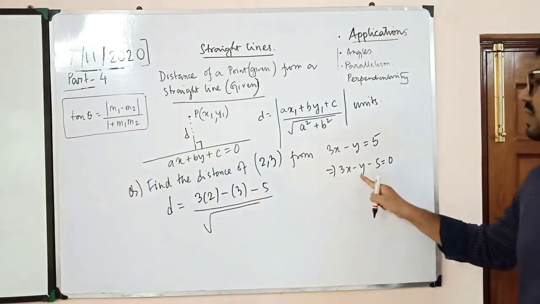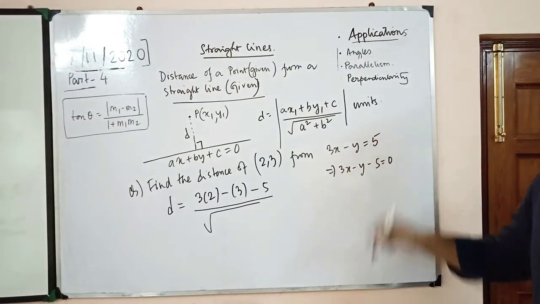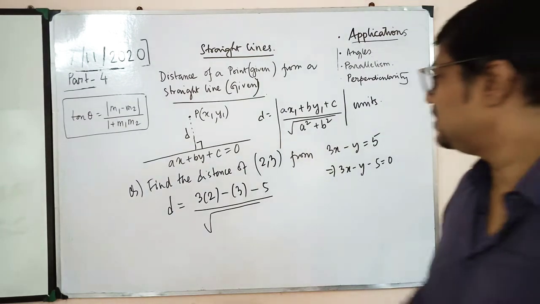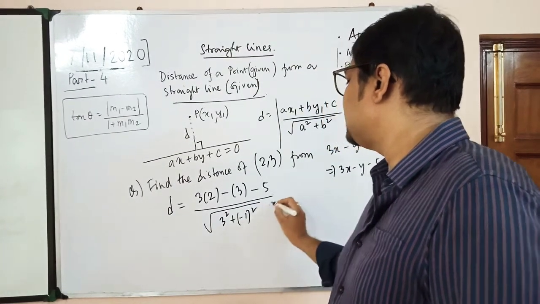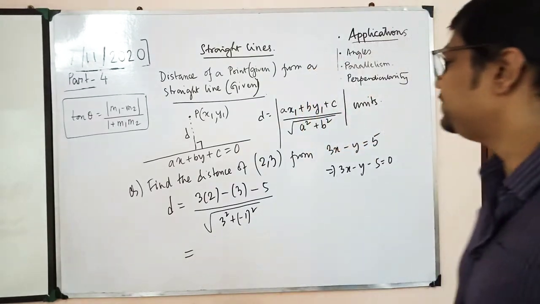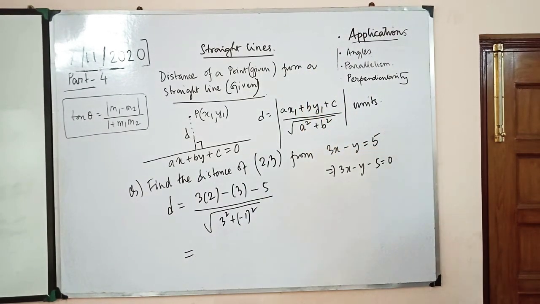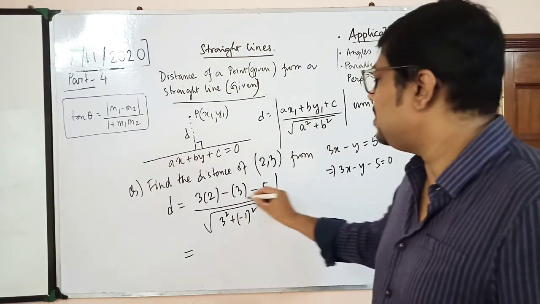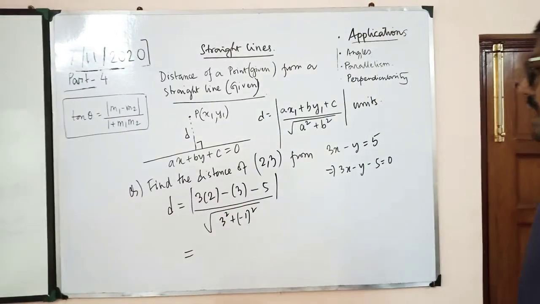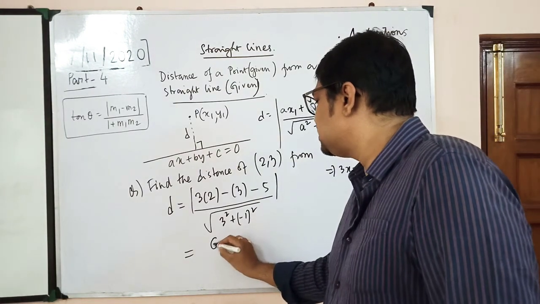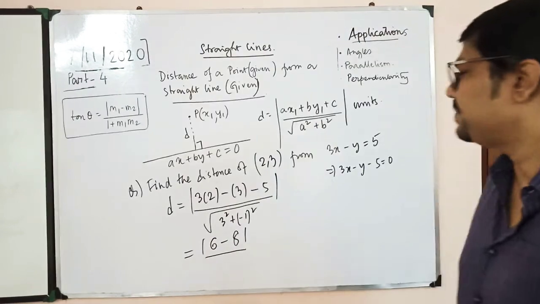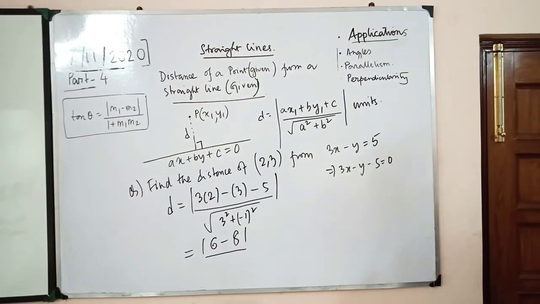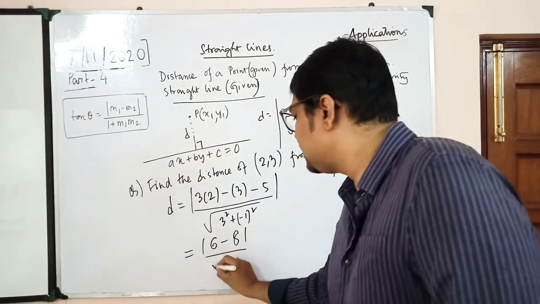What is a, what is b? A is 3, b is minus 1. So it will be 3 square plus minus 1 whole square. So when you get it, you can put a mod because this is already positive, I think, or no, it's not positive. It will be 6 minus 8 by root of 3 square, 9 plus 1, 10, root 10.